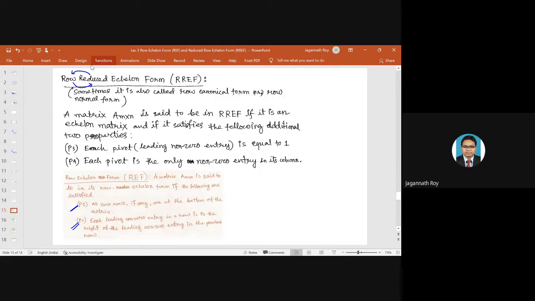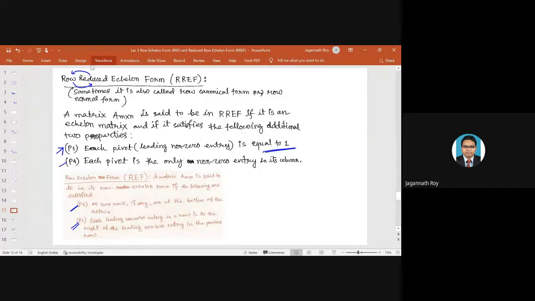Property 3: each pivot, the leading non-zero entry, is equal to 1.